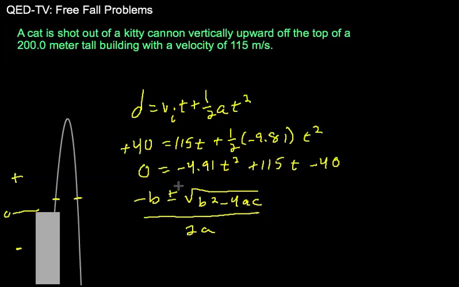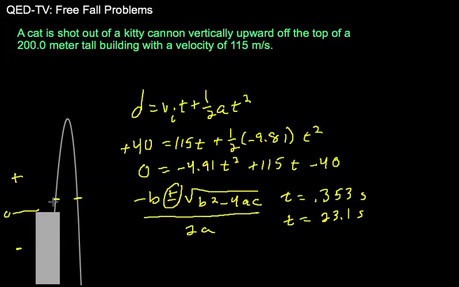There's a plus minus right here, which means with a quadratic you always get 2 possibilities. If I do both of these possibilities, I get one time of 0.353 seconds, and then I get a later time, which I should, of 23.1 seconds.